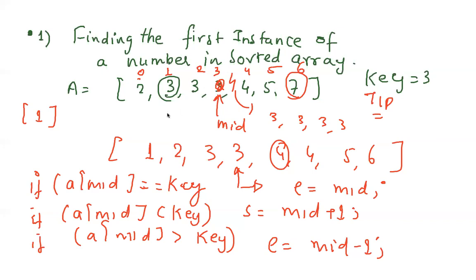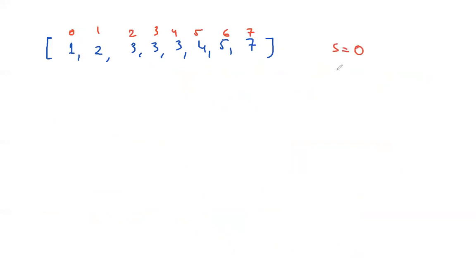Let's take an example and see how it moves. So let's say we had this array. Have you ever dry ran a binary search? Let's do that. So what is our S? 0. What is our E? 7.